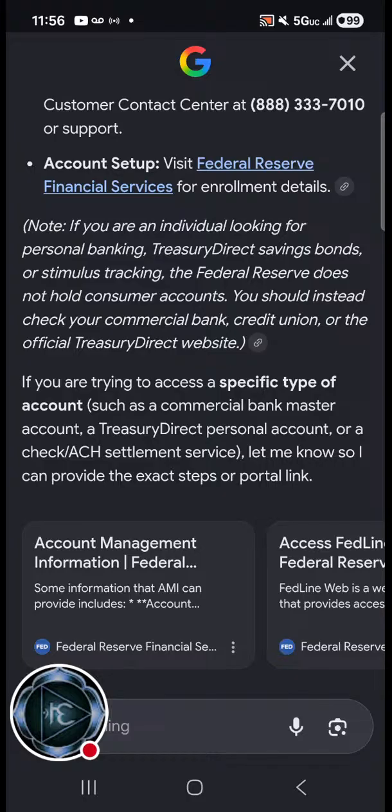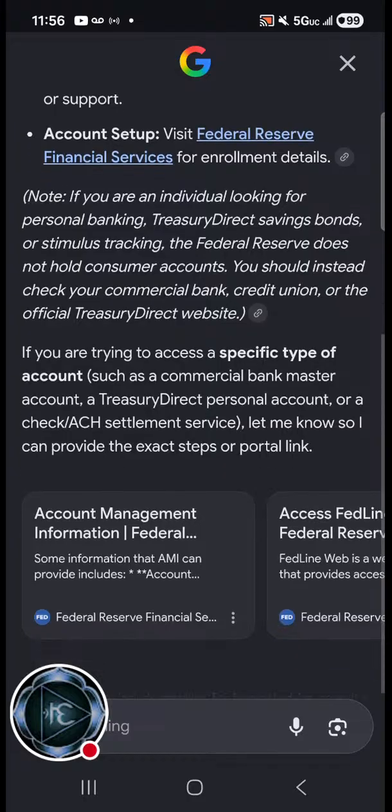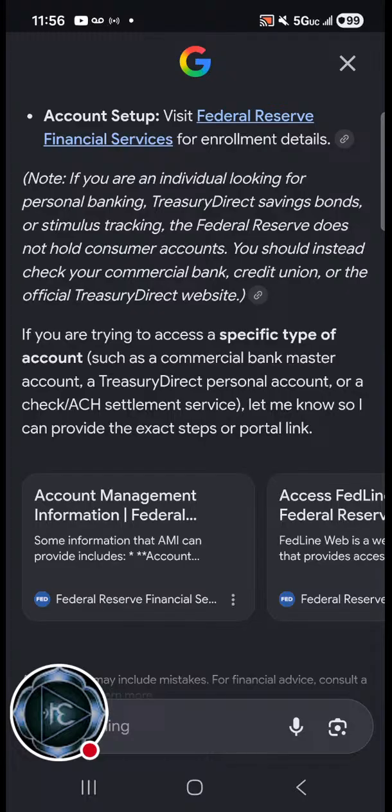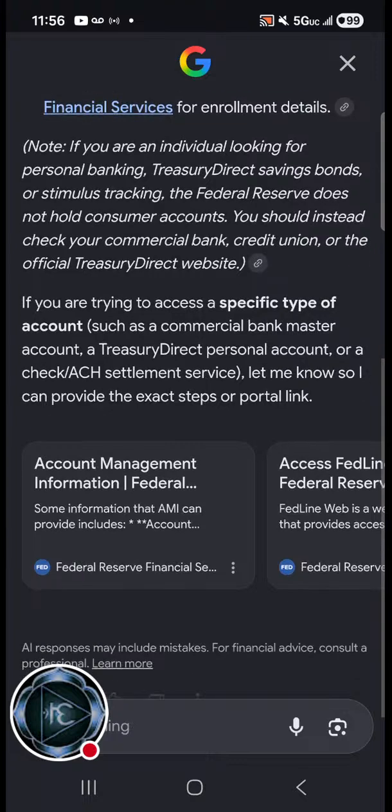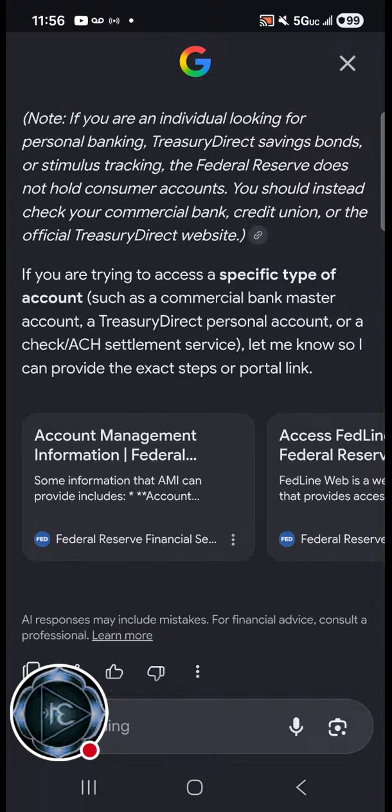Visit Federal Reserve Financial Services for enrollment details. Note, if you are an individual looking for personal banking, Treasury Direct, the Federal Reserve does not hold consumer accounts. You should instead check your commercial bank, credit union, or the official Treasury Direct website.